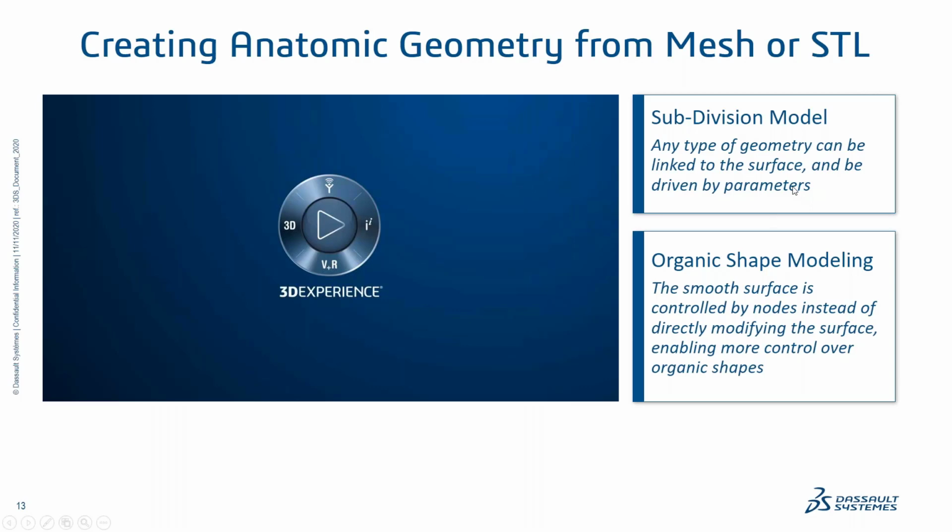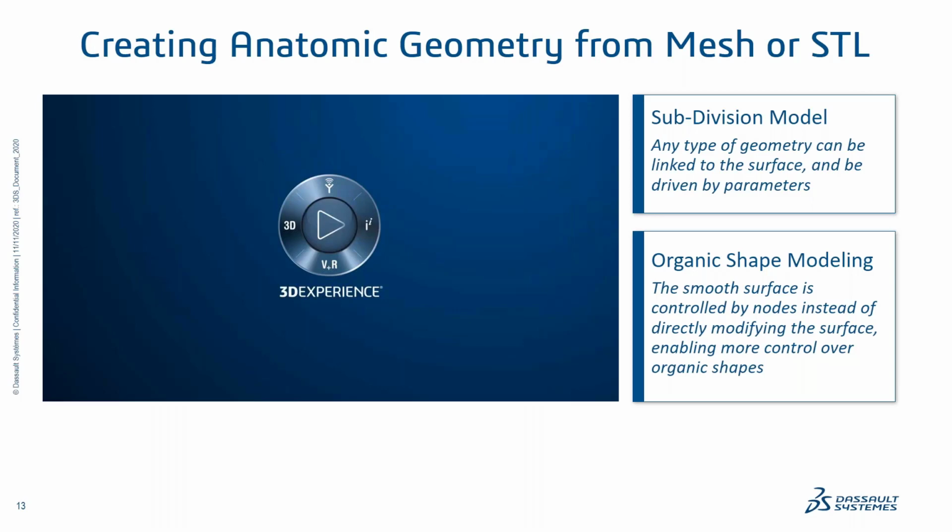So what I'm going to start off with is showing how we can start creating this anatomic geometry from a mesh or an STL using the subdivision techniques. Again, back when we started this, we didn't have a lot of these techniques available to us, but this organic shape modeling started becoming really popular with topology optimization, with doing some very complex topology optimization shapes.